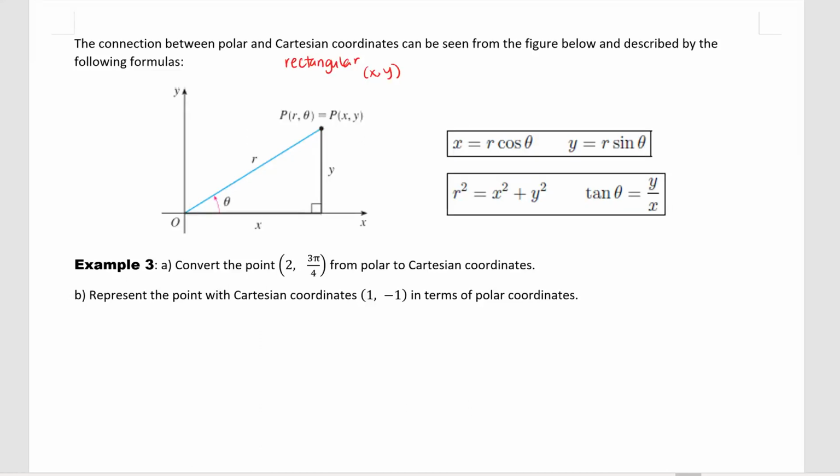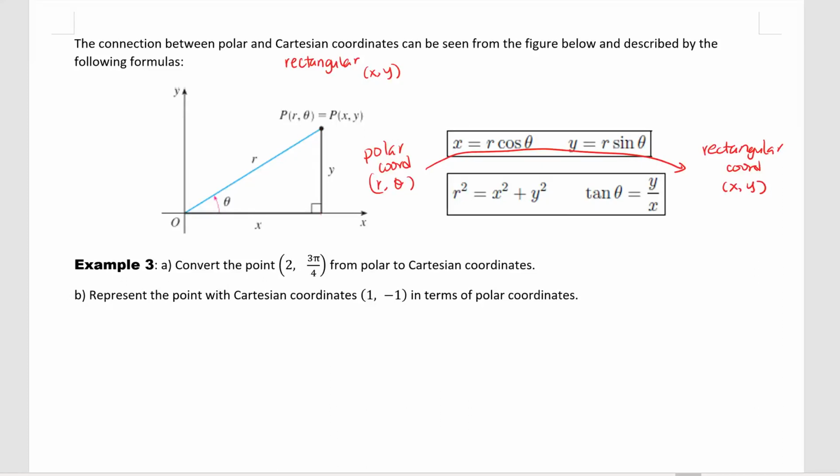Let's say we have polar coordinates r and theta. How do we get the rectangular coordinates, which is xy? We use x equals r cosine theta and y equals r sine theta.